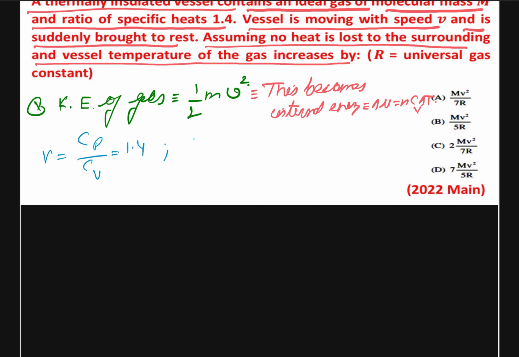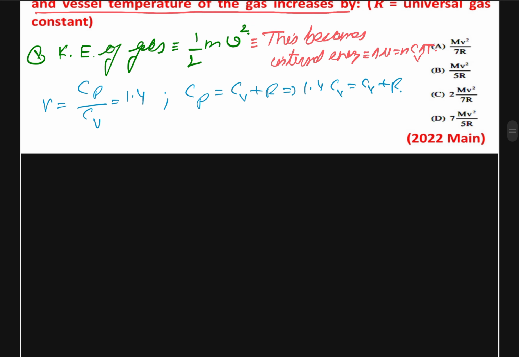And we also know that C of P is equal to C of V plus R. Therefore, we can replace C of P by 1.4 C of V, so 1.4 C of V is equal to C of V plus R. From here we can write that 0.4 times C of V is equal to R.